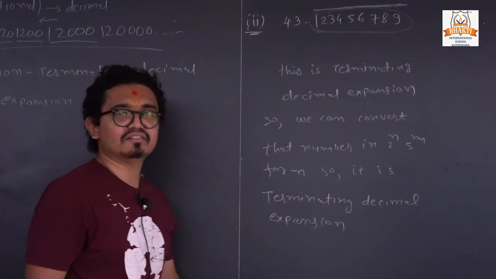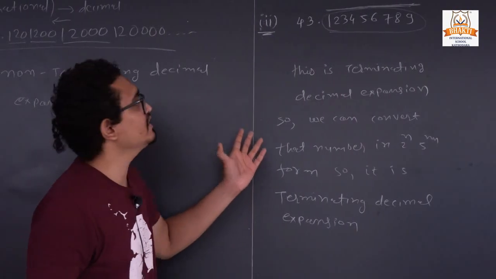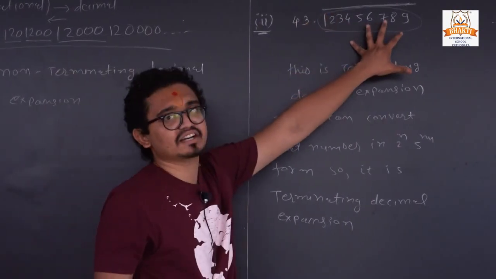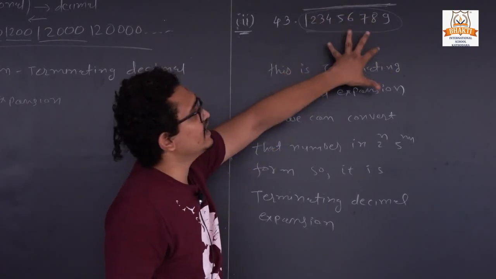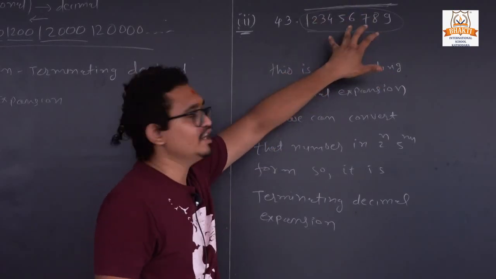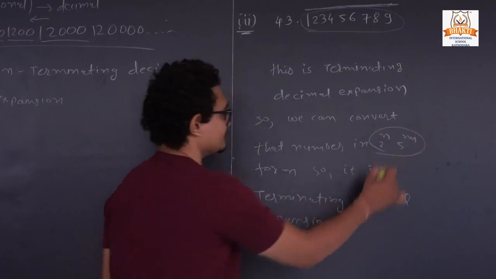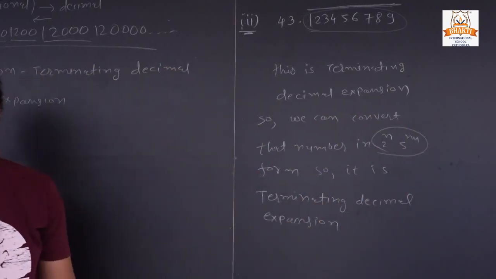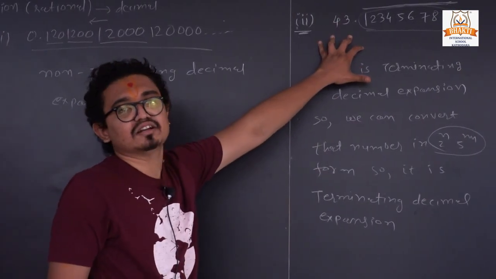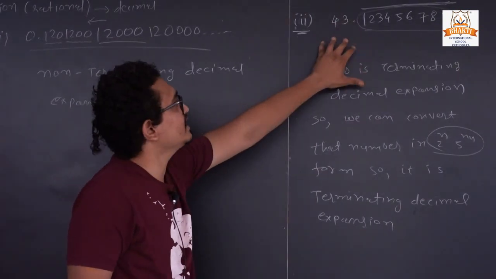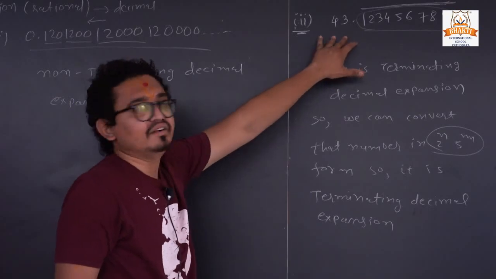So here we cannot show all the procedure, but we know that if digits are repeated, we can convert that number into the decimal number. And if we convert that number into the decimal form, the denominator is always in which form? 2 raised to n into 5 raised to m form. So we can convert that number into the decimal, we can convert that number into the fraction form.